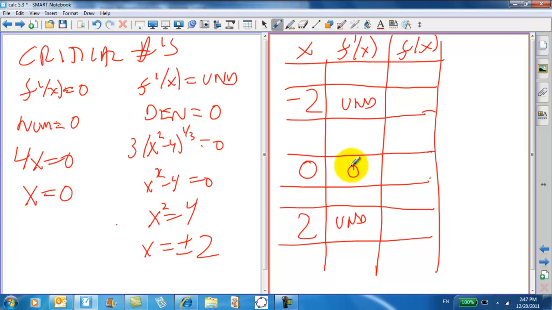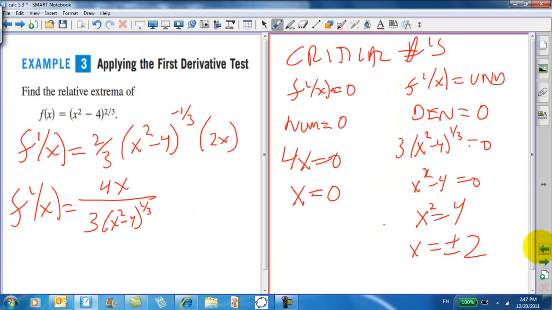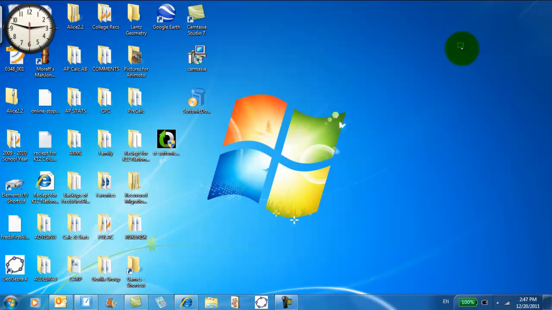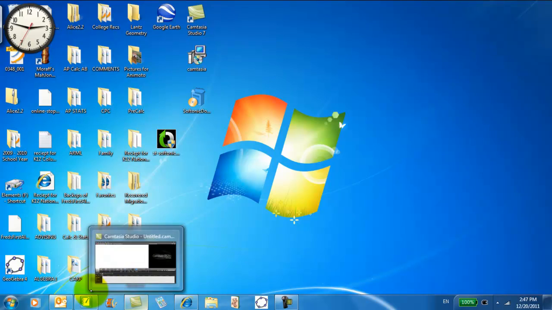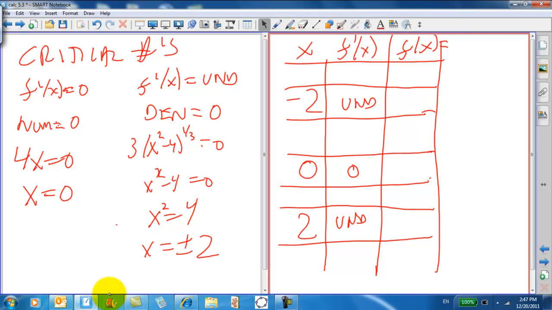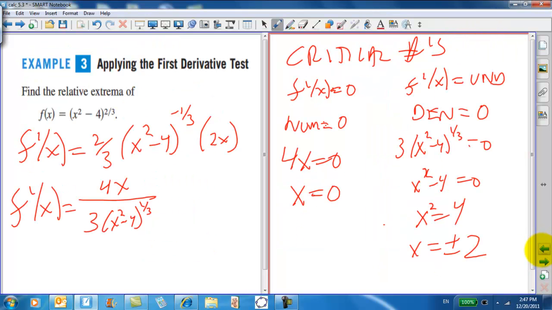Now, it might be a good idea to jot down the original function, (x squared minus 4) to the 2/3. Oopsie. Oh dear, where are we here? (x squared minus 4) to the 2/3, and the derivative, because that's what we're going to have to test all the time here, 4x over 3 times (x squared minus 4) to the 1/3.